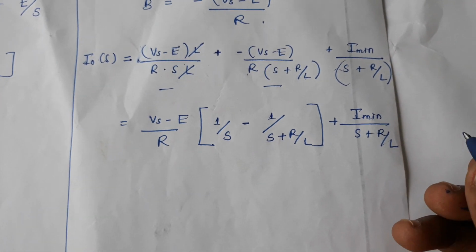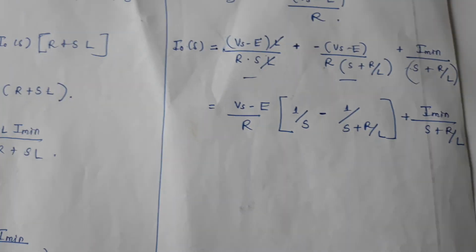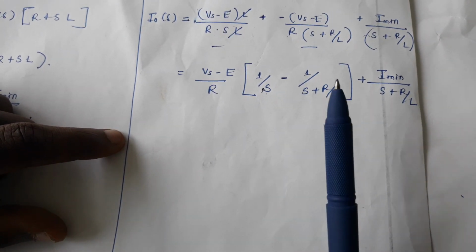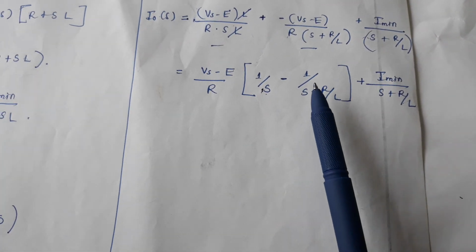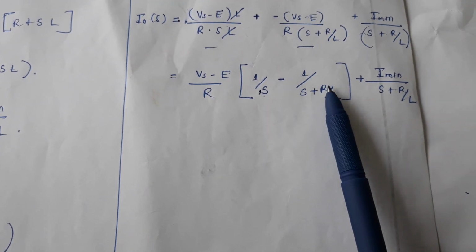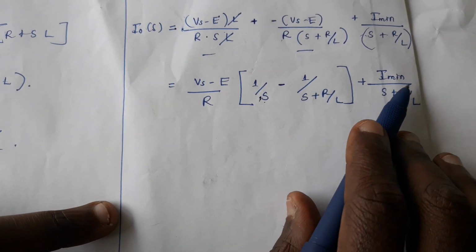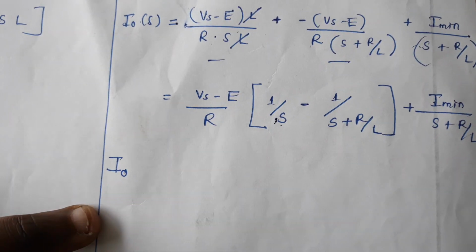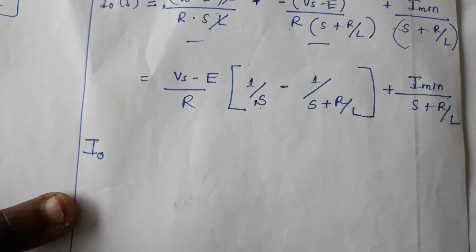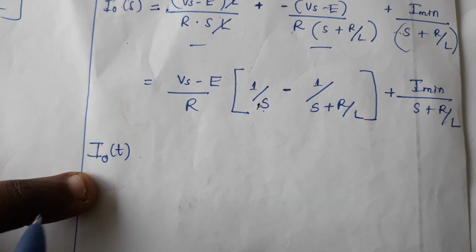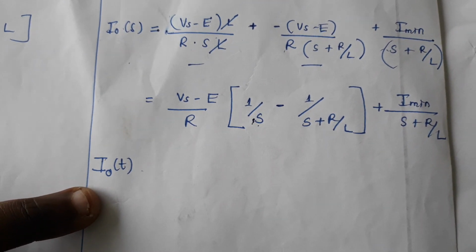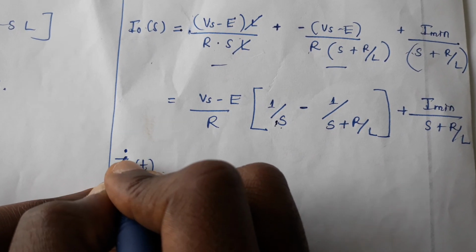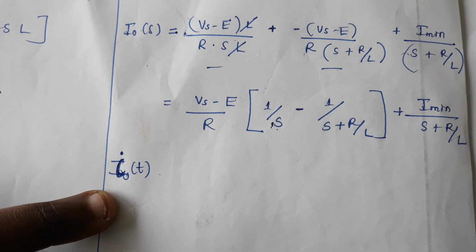Now from here, we can get the inverse Laplace transform easily, because you know the inverse Laplace transform of 1 over S. We can also get the inverse Laplace transform of 1 over S plus R over L. Therefore, applying the inverse Laplace transform, I out of S becomes I out of T. Since it's in the time domain, let me use the non-capitalized notation.